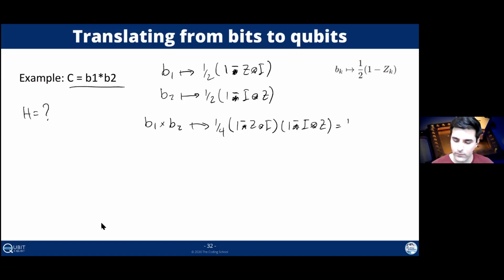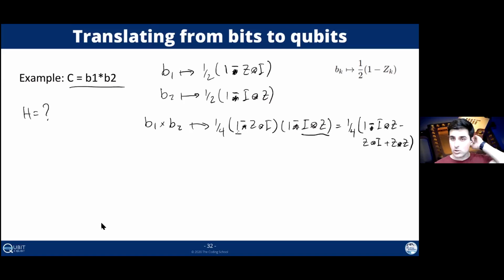So let me keep the 1/4 here outside. I have 1 multiplied by 1, and then this 1 multiplied by this IZ, which is negative, so minus IZ. And then this ZI times 1, so minus ZI, again Z acting on the first one, nothing acting on the second one. And of course the last one is just minus ZI times minus IZ, which just gives you plus ZZ.